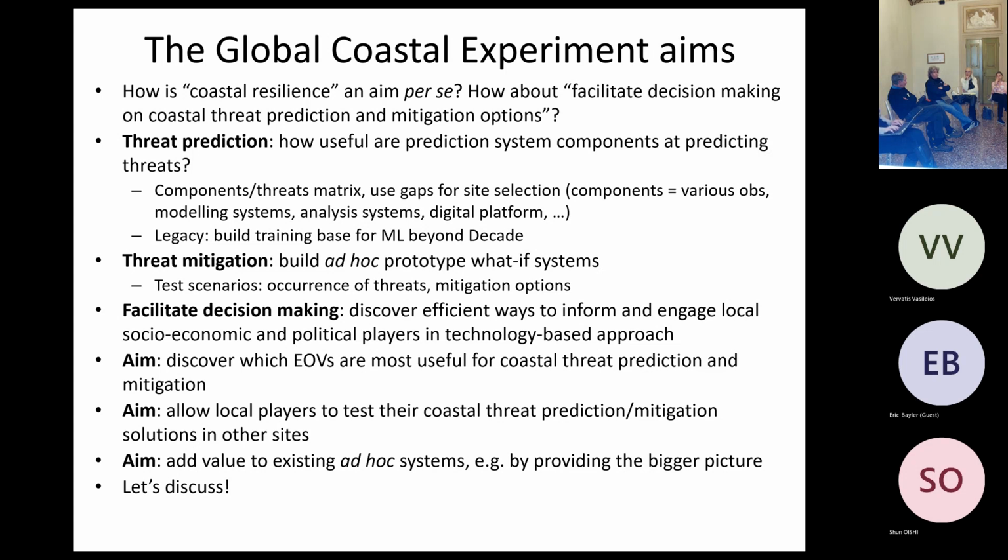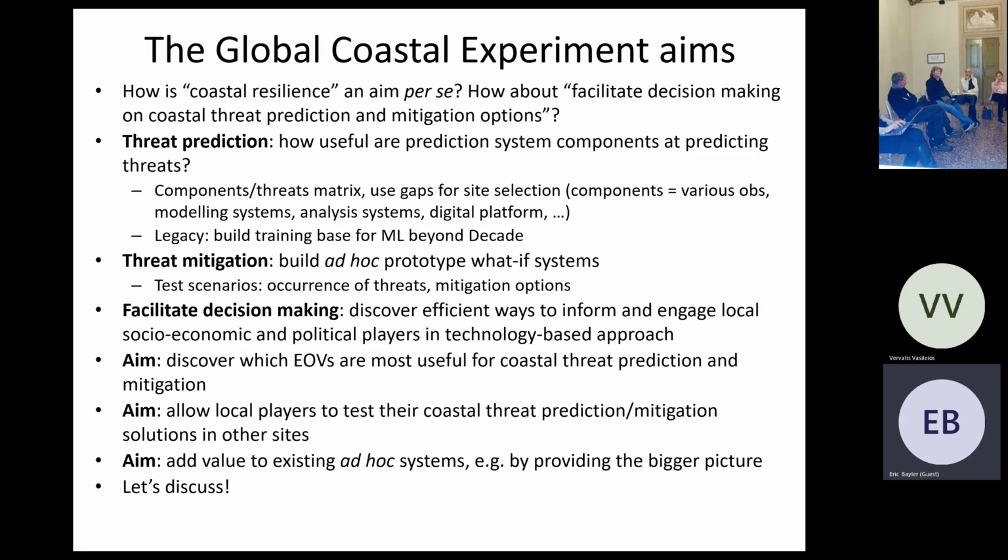Exactly. And the outcomes from CoastPredict, the 7 or 8 outcomes that we have, were actually pretty good. They lead one to another. So the vision of the global coast experiment has to allow us to reach the development of the economy. What we probably need is to work better on the vision, and we will set it better.